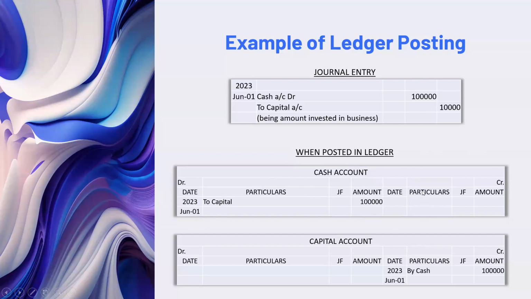The second column has the same information, that is, the creditor column has the date, the particulars, journal folio, and the amount. While posting this journal entry to the ledger, since we have the cash aspect, on the first line we are making it a cash account.